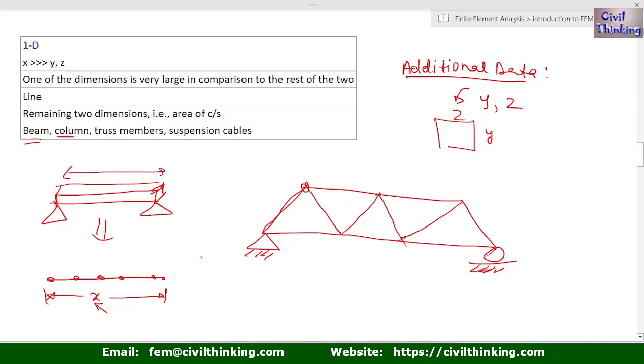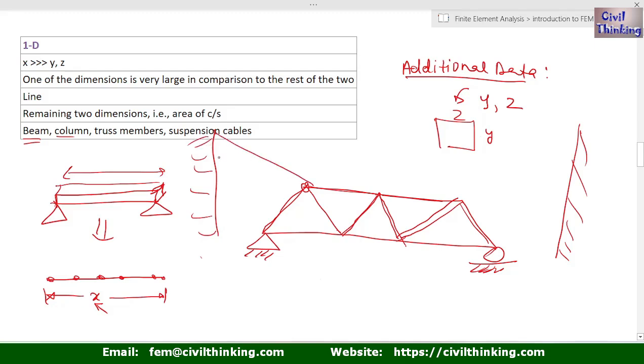So we represent all of them with the help of line elements. Then we have suspension cables. Maybe you have seen some bridges where we use, for example, these suspension cables, right?